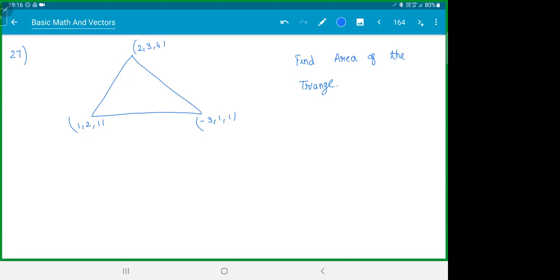I just gave you the 3 coordinates of a triangle in 3-dimensional space. How do you do this? 2 minutes.